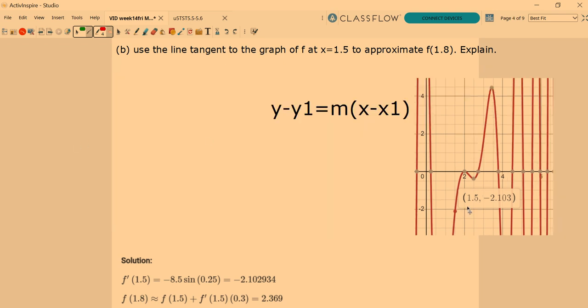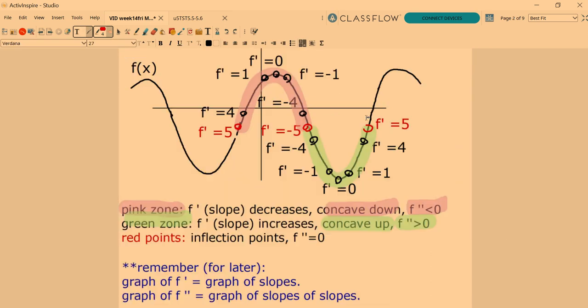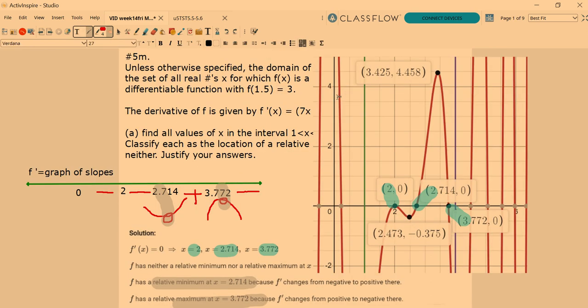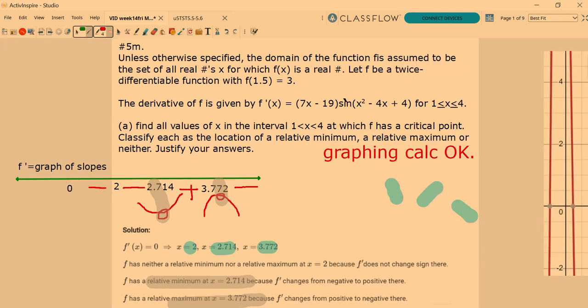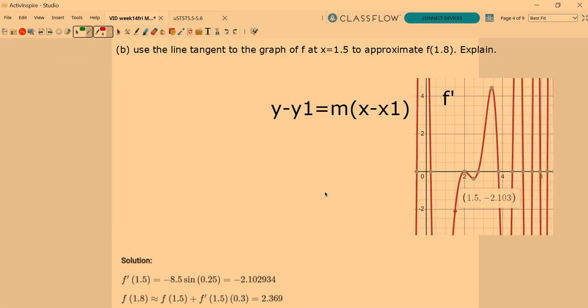This graph right here is already the graph of the derivative, that's what's given in the problem. So at 1.5, we don't need to manually calculate the derivative or slope because it's given to you as negative 2.1.